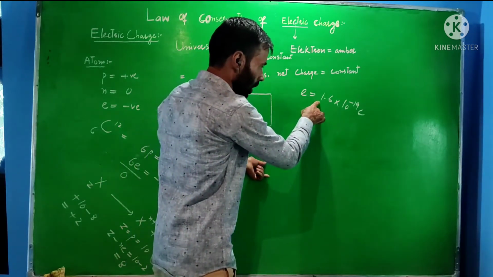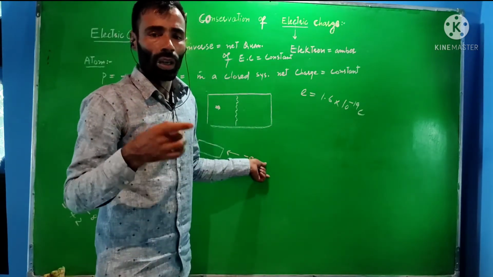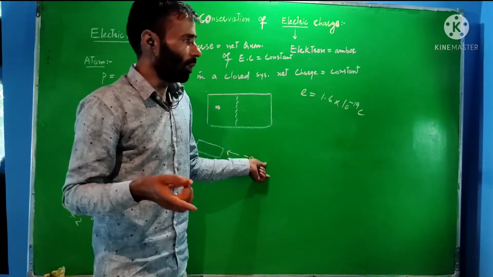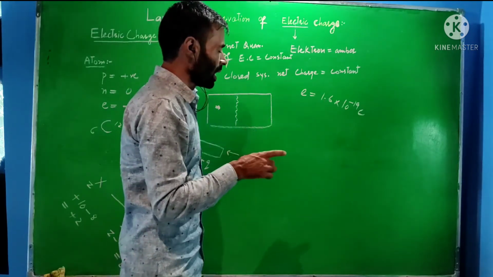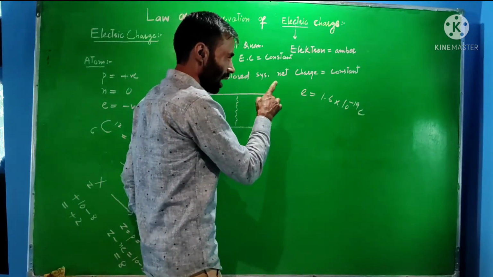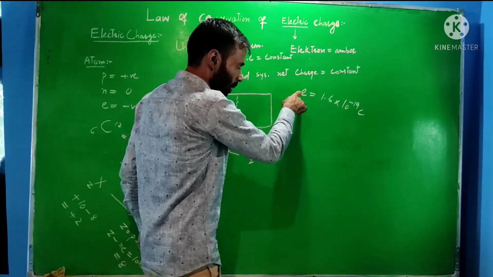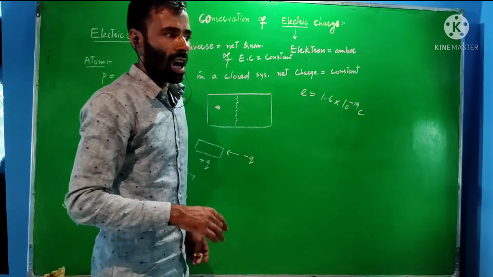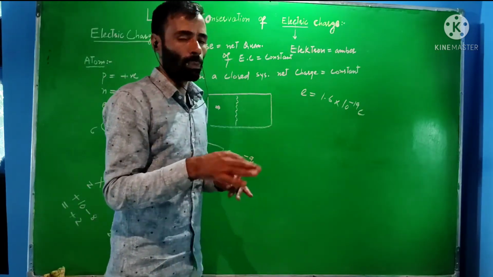So the charge on a proton is positive, and the charge on an electron is negative. Now we know we have even more elementary particles, but they are now believed to be even smaller, with fractional charges. However, the concept remains the same.